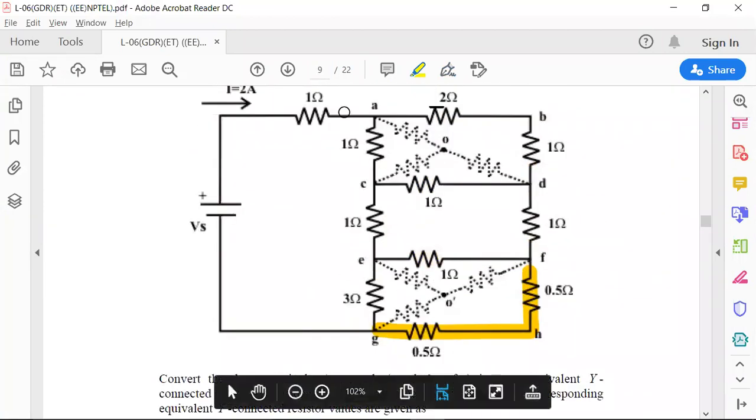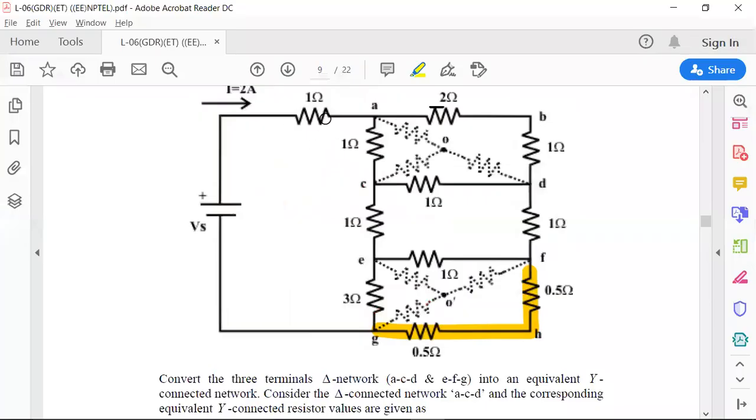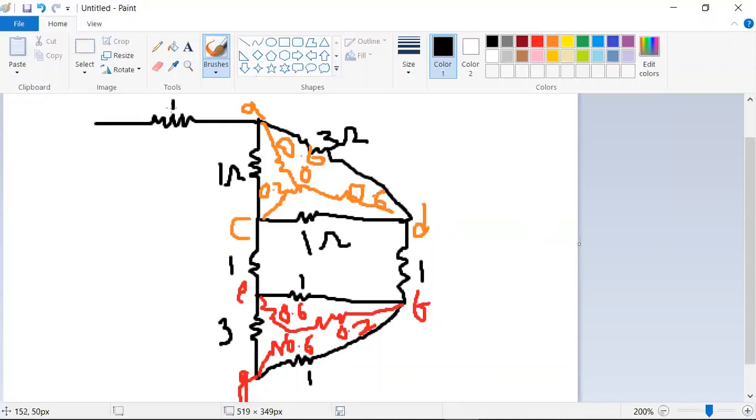Whatever the previous circuit, there is one branch with the 1 ohm. Let me draw the circuit itself. This is 1 ohm, connected here. This is 1 ohm.